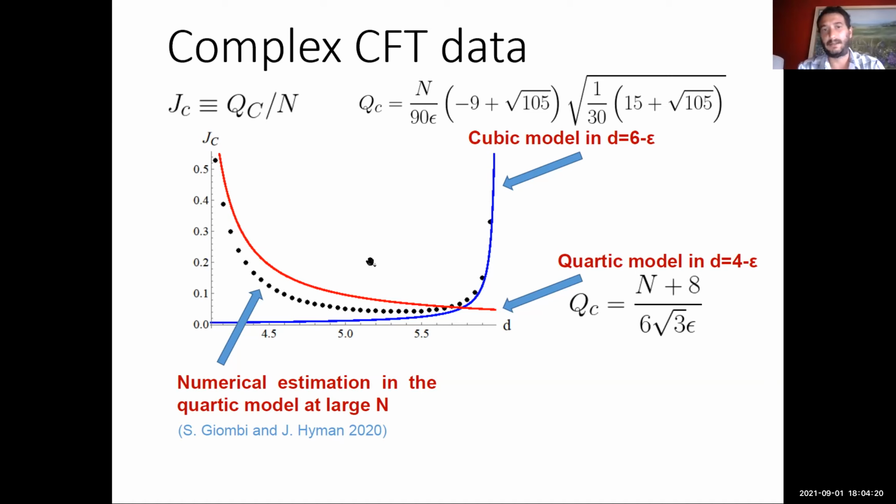Here we see that the behavior in general is qualitatively well described, thanks to the fact of having the free theory on both sides, in d equals 6 and d equals 4, but there is still a lot to understand. And with this, I conclude, and I thank you all for your attention and for organizing this workshop. Thank you.